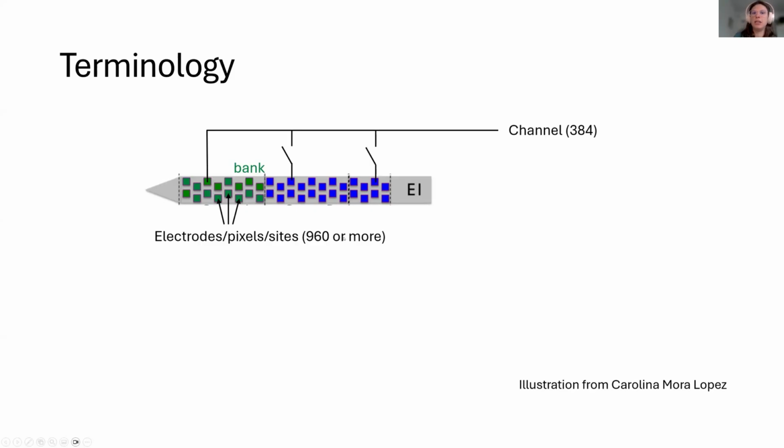But at least in the 1.0 and the 2.0, or the most commonly used versions, you can't record all of these electrodes together. Instead, each electrode is connected to a channel. But numerous electrodes can be connected to the same channel, and you need to select which electrode you want to record from in a given recording channel.